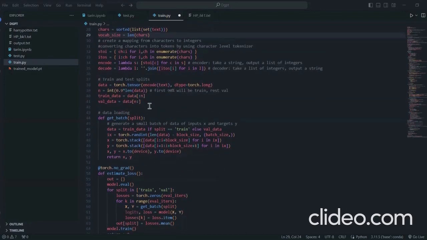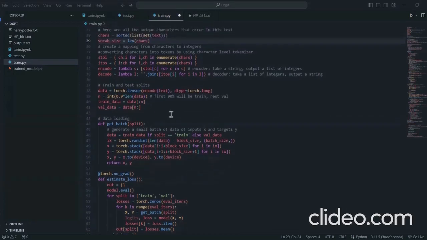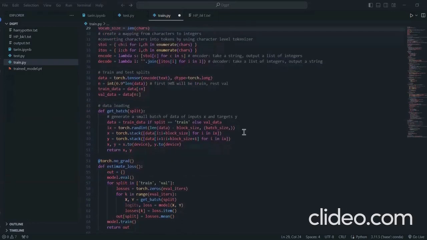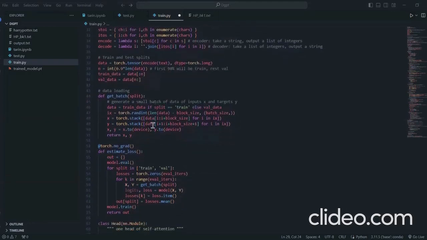After that, we did the train test split. This split the prepared data into training and validation sets. The training set is used to train the model, and the validation set is used to monitor its performance during training and prevent overfitting. After that, you can see the data loading.